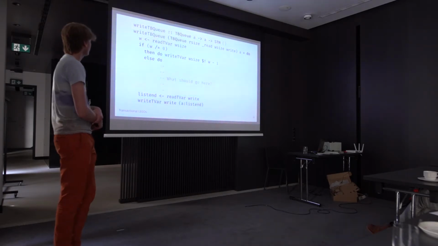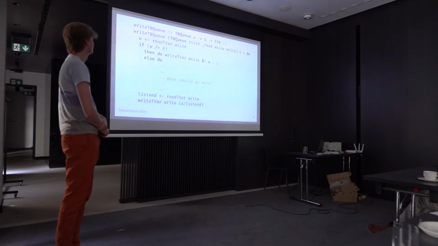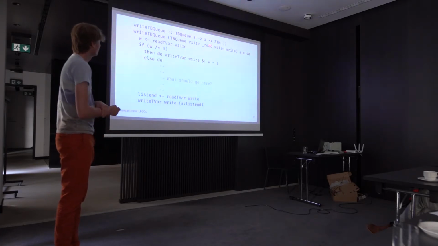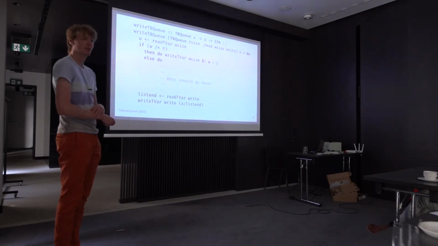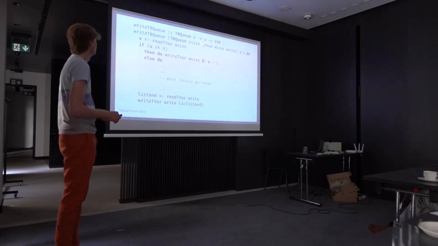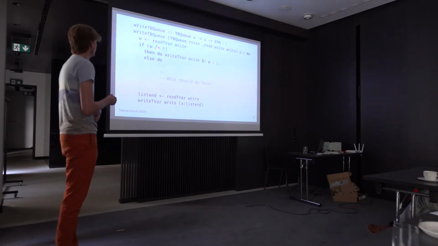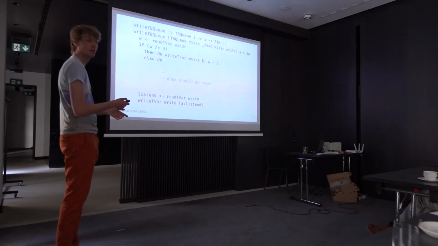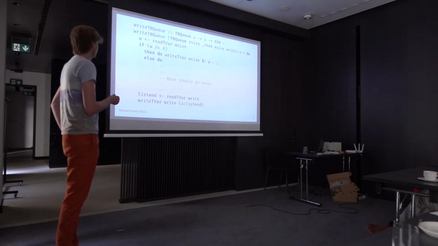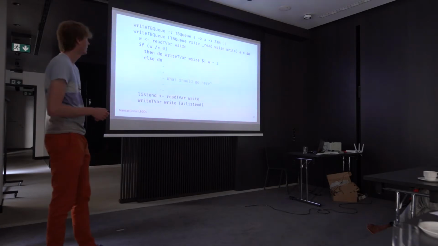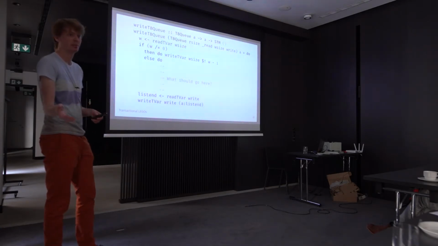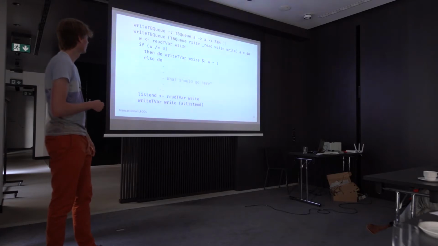So, if we want to write to a queue, we need to know if we still have space for elements to be written, which is called W size, write size. We read this from our TVar Int and then check if it's not equal to 0. If it is not equal to 0, we still have some write capacity left.